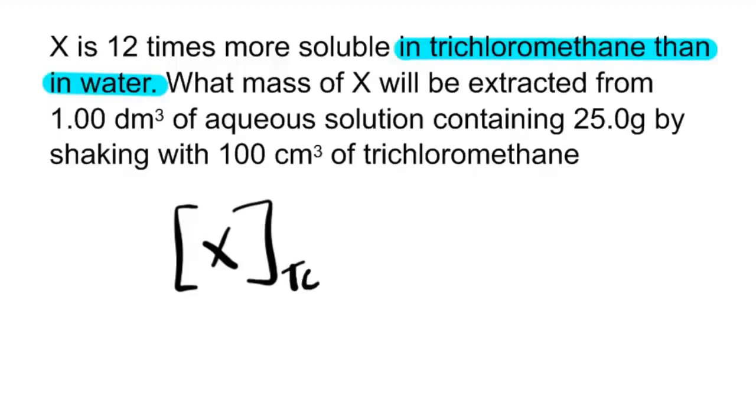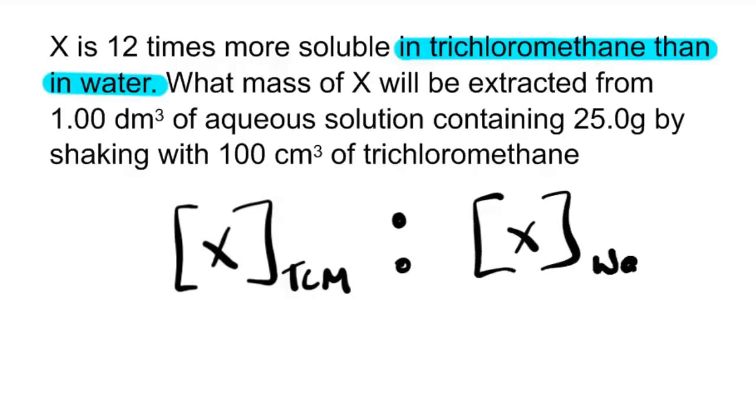It means, because trichloromethane comes first, before the water, that X is 12 times more soluble in it. That's to say that when the dynamic equilibrium has been established and X has partitioned itself between the two immiscible liquids, the concentration of X in the trichloromethane will be 12 times greater than in the water.